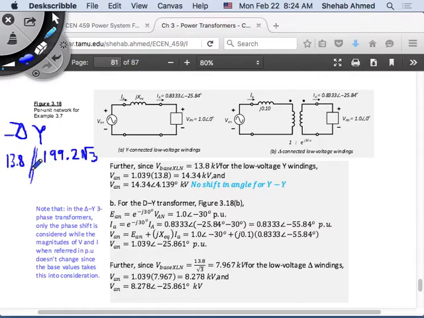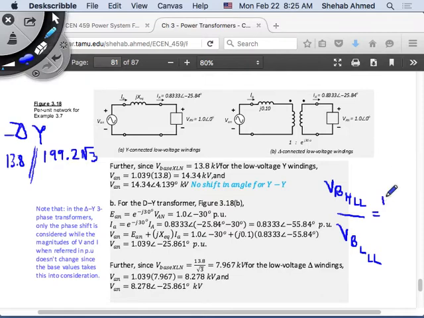Right? I know already that my base voltage on the high voltage side, line to line, was 199.2 square root of 3. Right? That was my base line-to-line voltage. So now my base line-to-line voltage on the high voltage side over the base line-to-line voltage on the low voltage side, their ratio should be equal to the terminal voltages. Right?